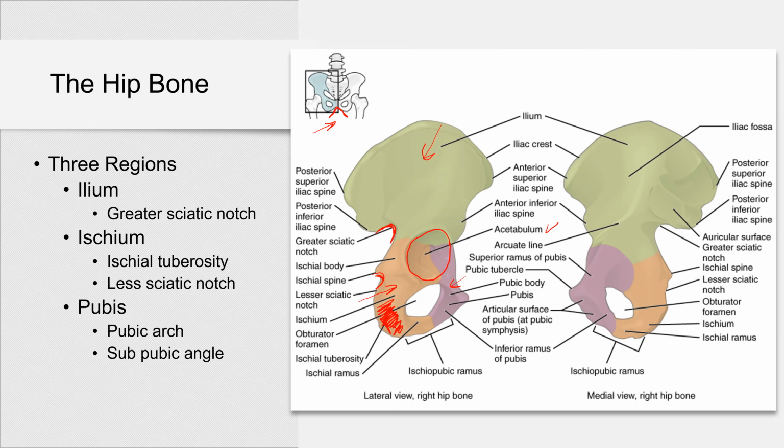Right. So over here you can also see we have rami. Ramus means branch. So we have superior ramus, we have inferior ramus, and then we form this pubic arch, right? So that will be the arch, and under the arch we have the angle.